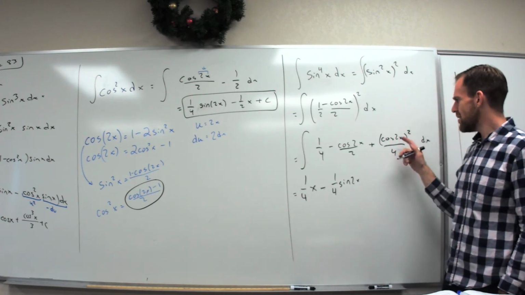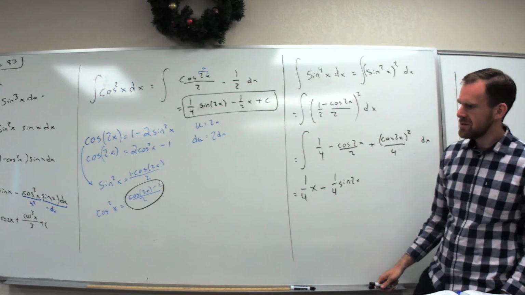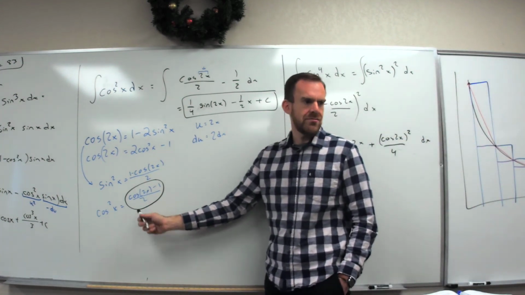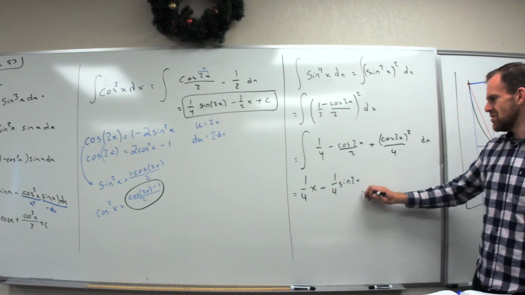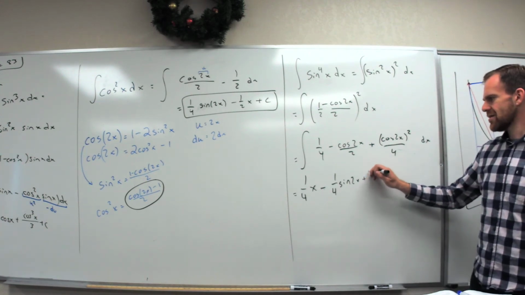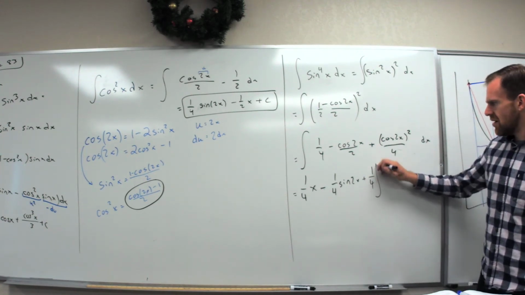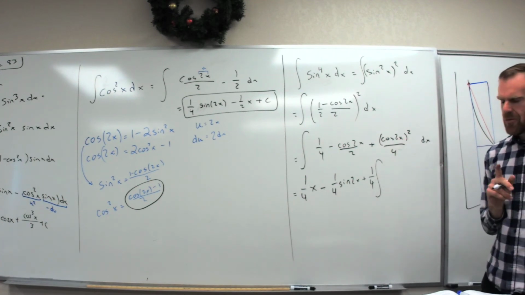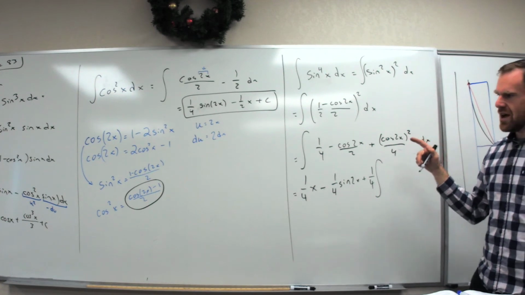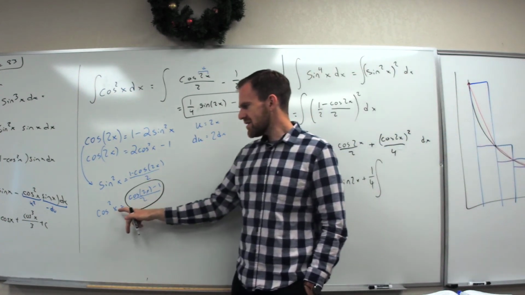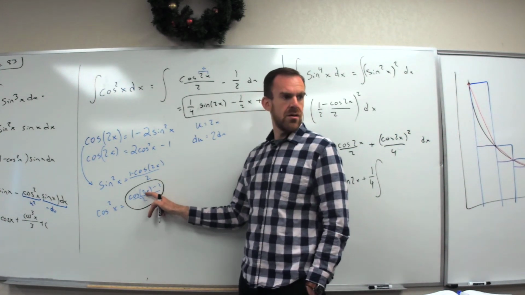So now we have cosine squared. So now we have to do another substitution. So I'm going to bring the 1/4 out because I don't want to deal with that. So now I have the integral. But remember, this is cosine of 2x squared. So now, instead of every time I see x here, I'm going to put in 2x. So what's this going to become? 4x.